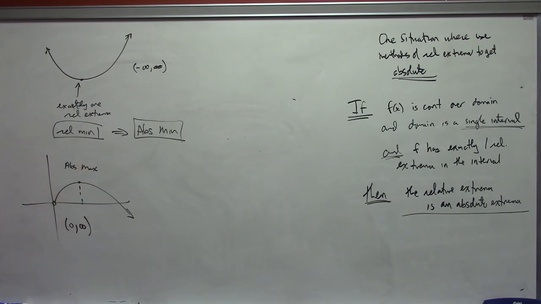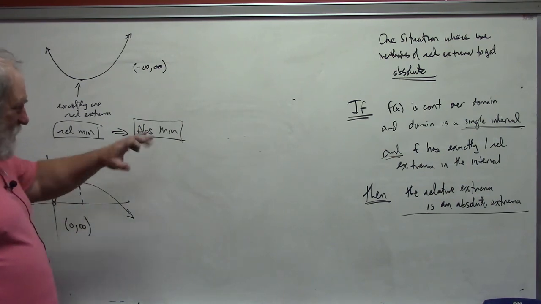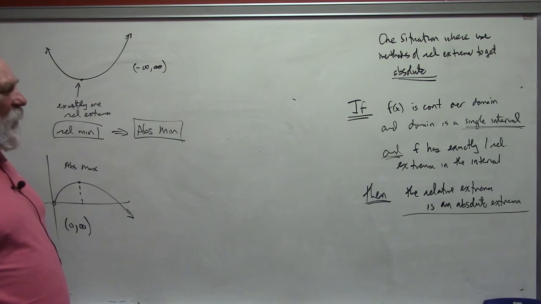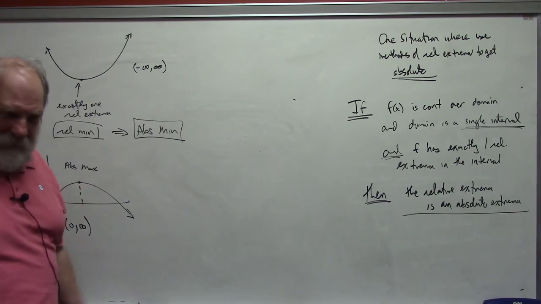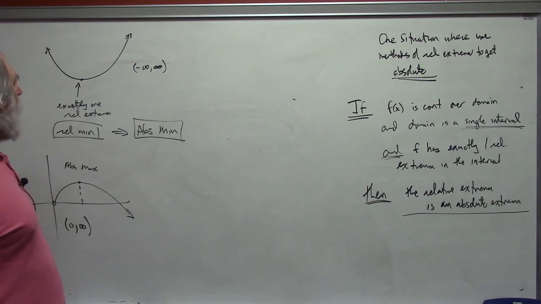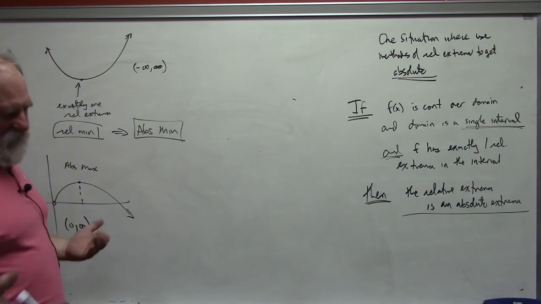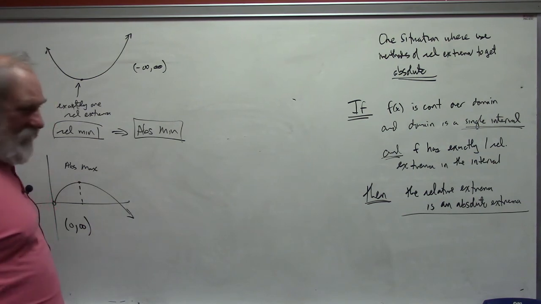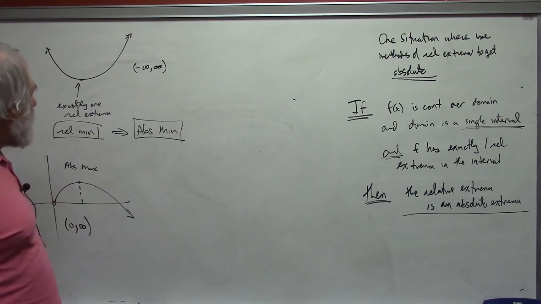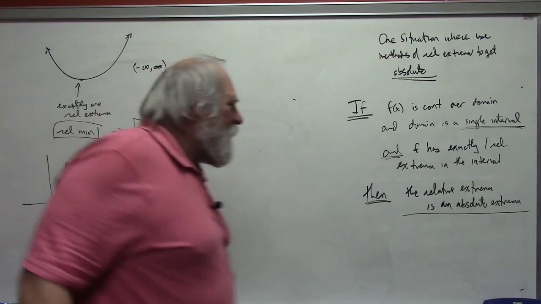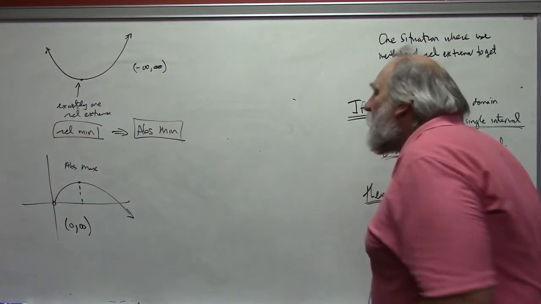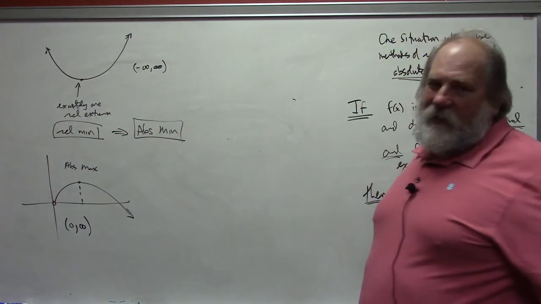So assuming these conditions are satisfied, we can use the methods of relative max and min, which are generally easier. We take the derivative, set it equal to 0, and find the critical values, etc. And then, assuming I only get one relative extrema, it's actually an absolute.